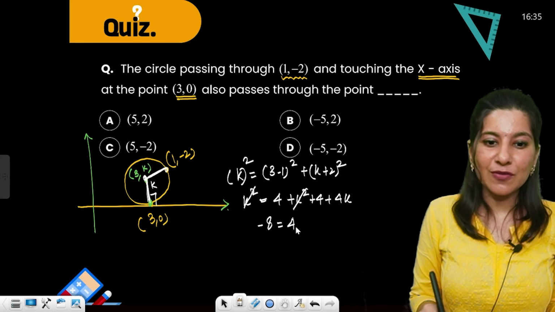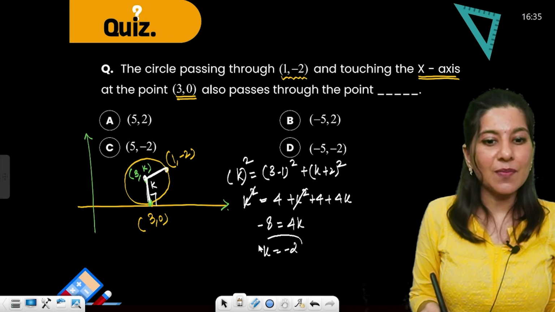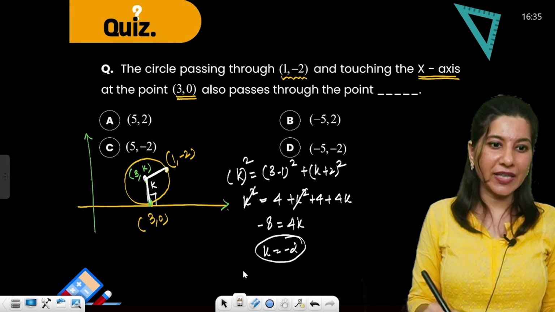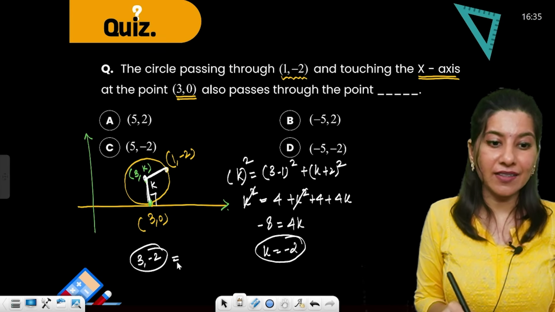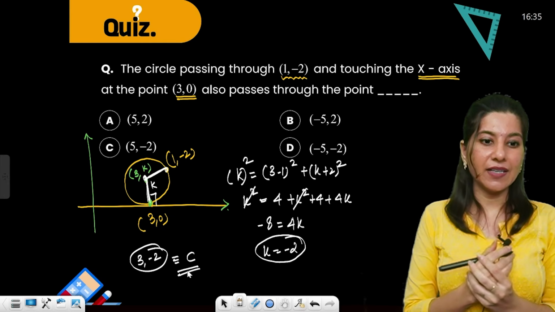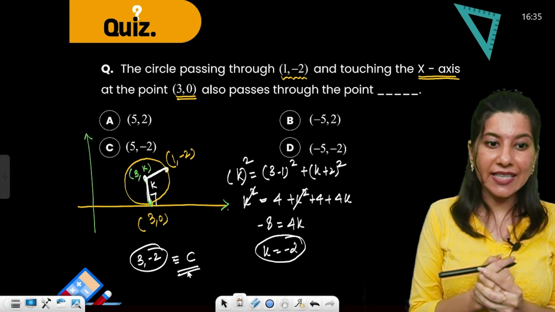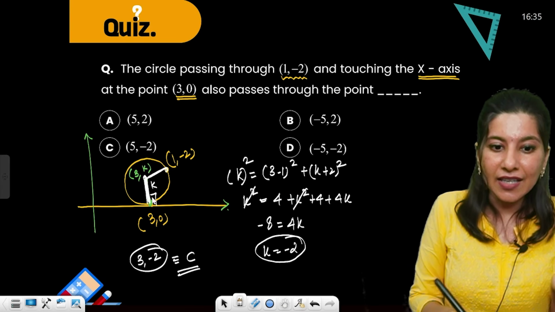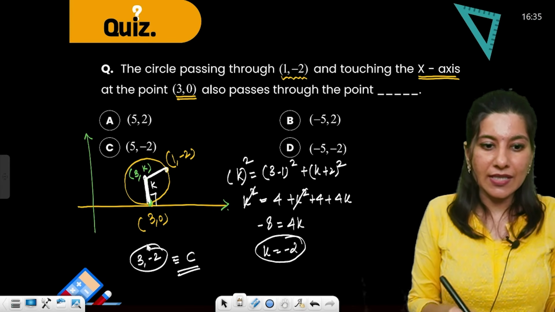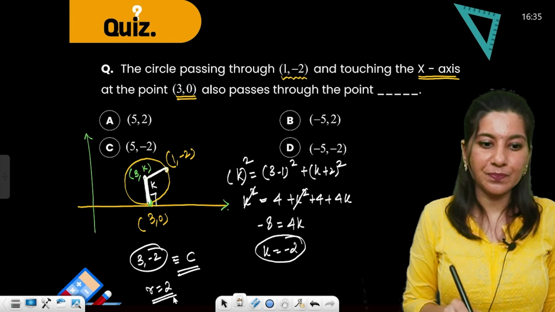Minus 8 equals 4k. k comes out as minus 2. So, (3, minus 2) is the center, first of all. And what is the radius? Radius is your k, or mod k you can say. So, radius will be 2.